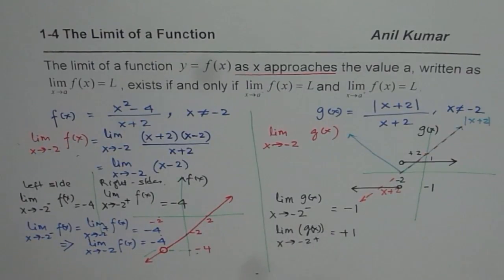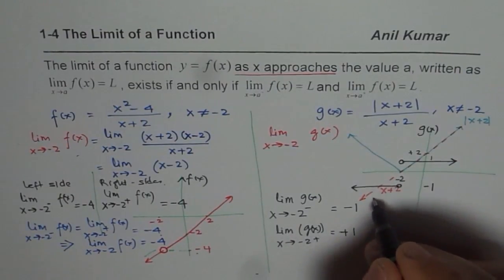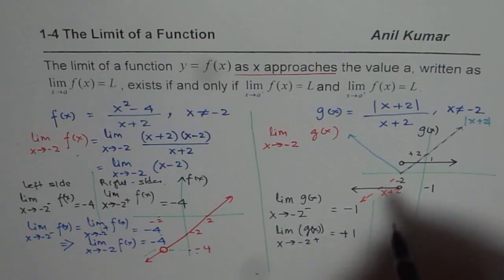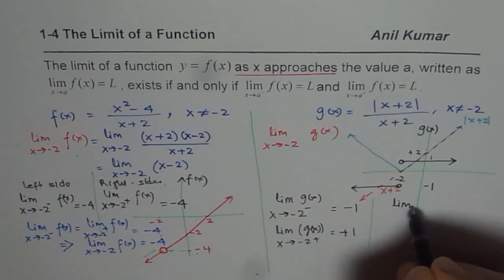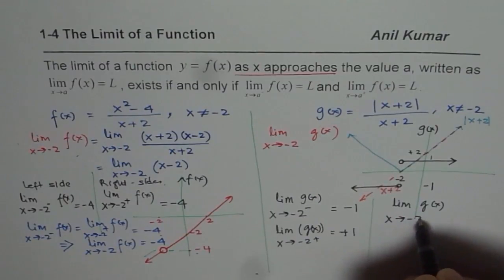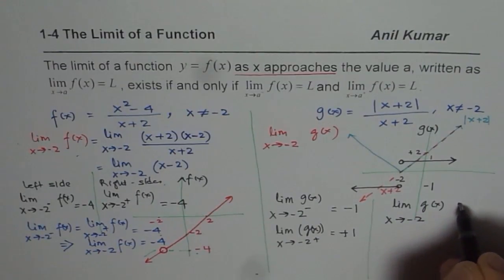Clearly, what we observe here is that these two limits are not the same, right? Minus 1 and plus 1 are not the same. They're different values, and therefore we say that the limit of the function g of x as x approaches minus 2 does not exist.